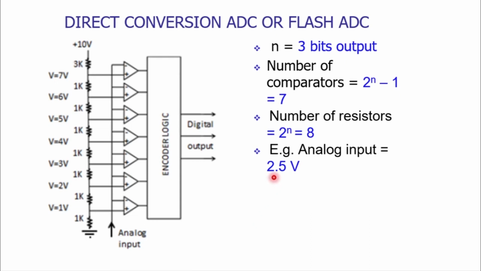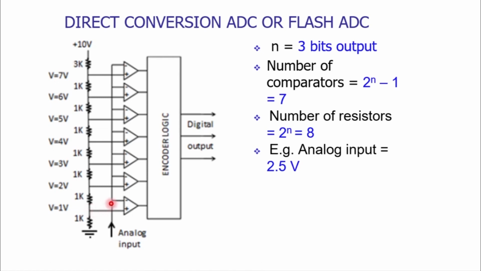We are applying the analog input of 2.5 volts. The input is applied to the first comparator, where the reference voltage is 1 volt.